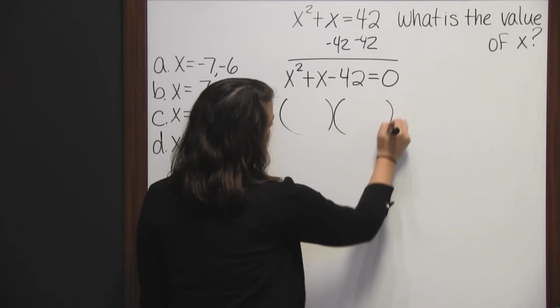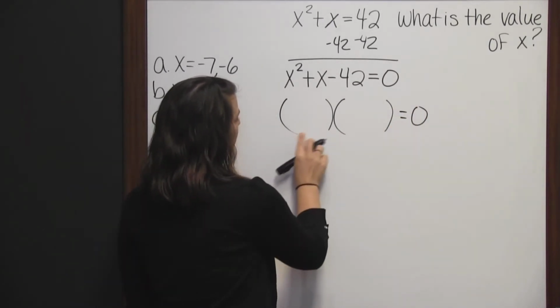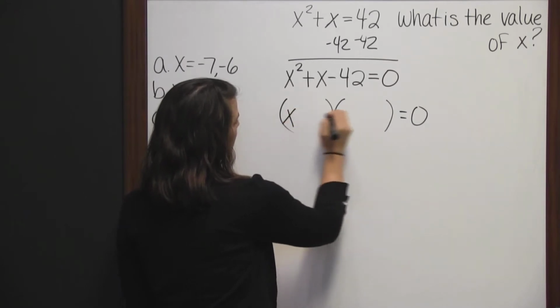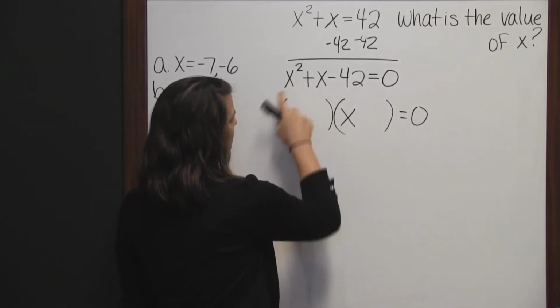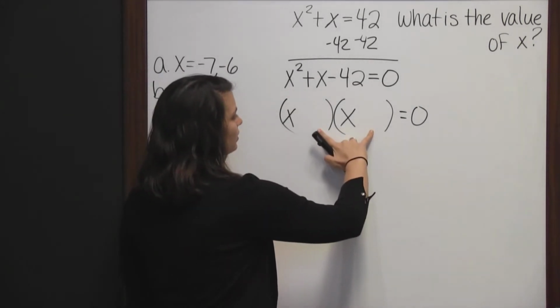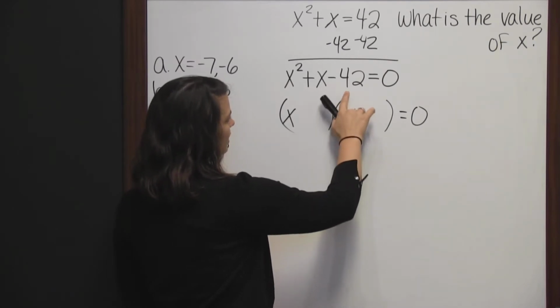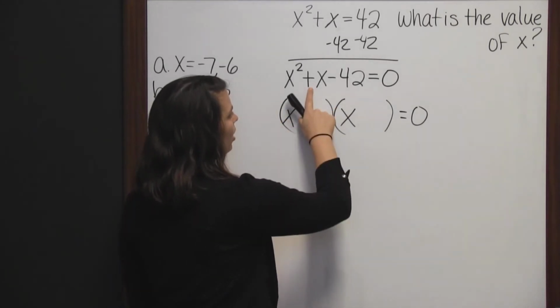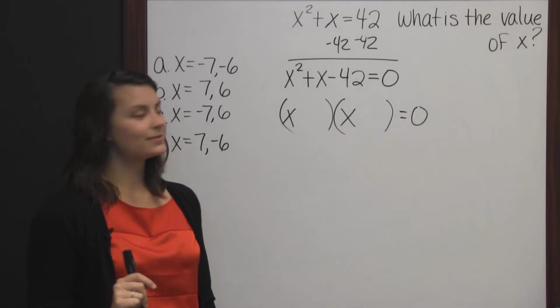So I start with my parentheses for my two binomials. And I know that the first term of each parentheses is going to be an x, because x times x is x squared. And then to find my second terms, I need to find two numbers that multiply to give me negative 42 and add to give me a positive 1, because 1 is the coefficient of x.